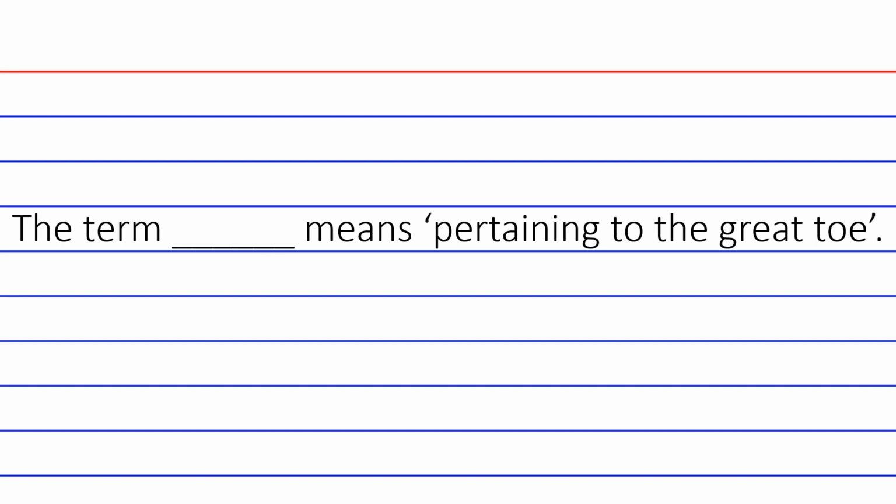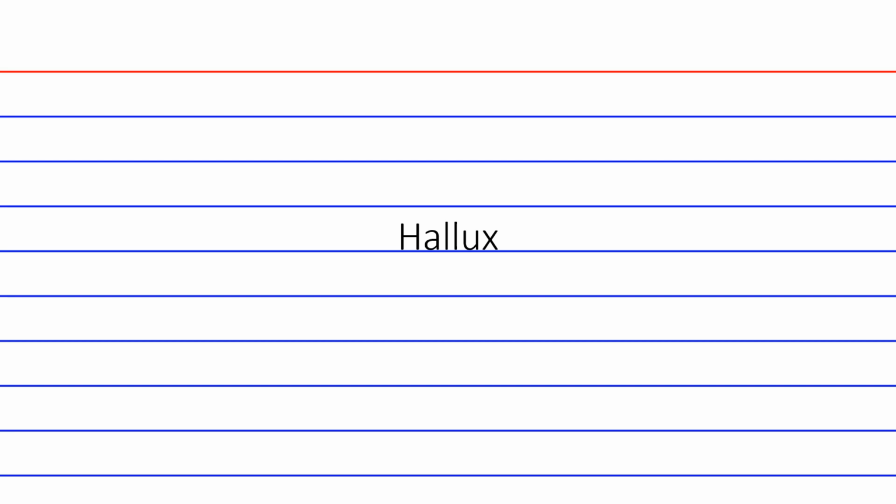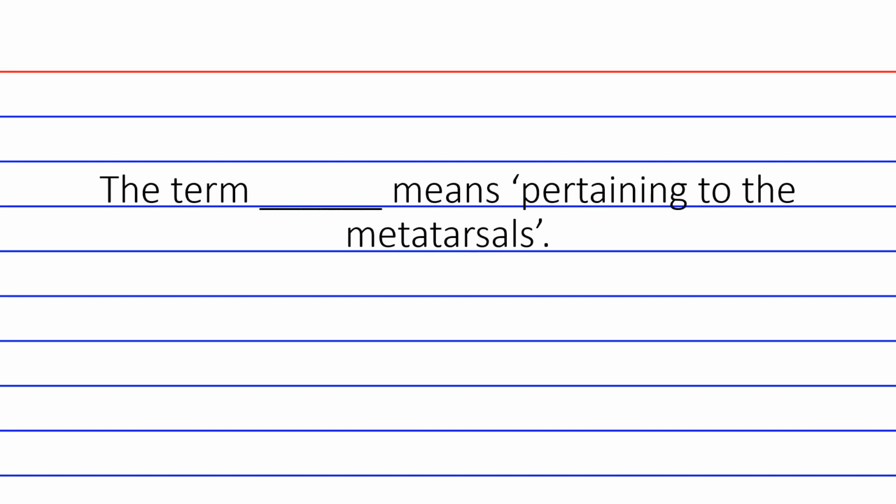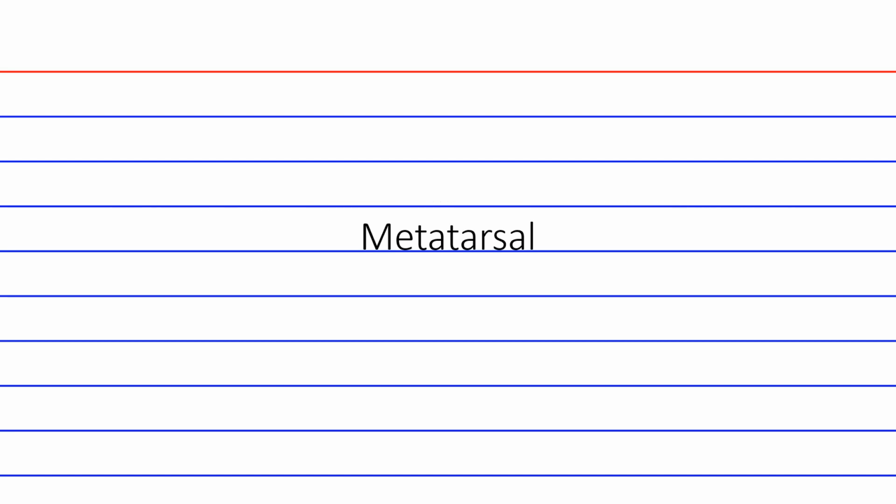The hallux. So your thumb is your pollex region. Your great toe is your hallux region. This term means pertaining to the metatarsals. The answer is the metatarsal region. Makes sense.